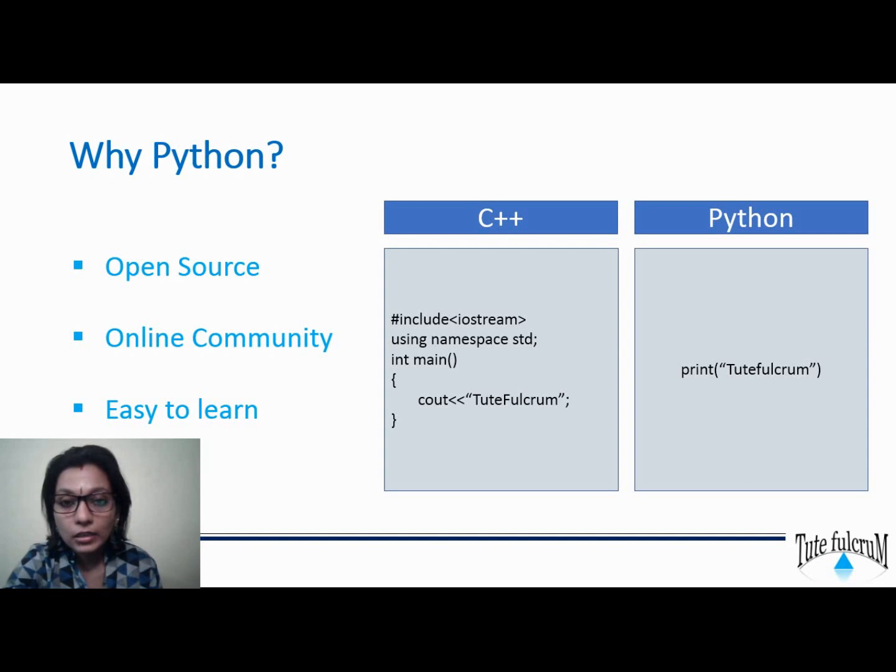We need to include the iostream, we need to have the standard namespace, and then we use the cout statement to print Tute Fulcrum. Whereas the same task could be done using just a single print statement in Python. So it's very easy to learn Python.